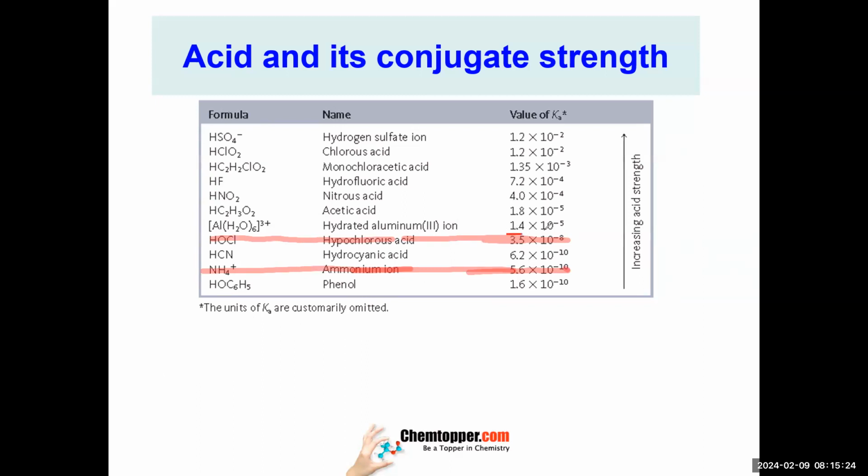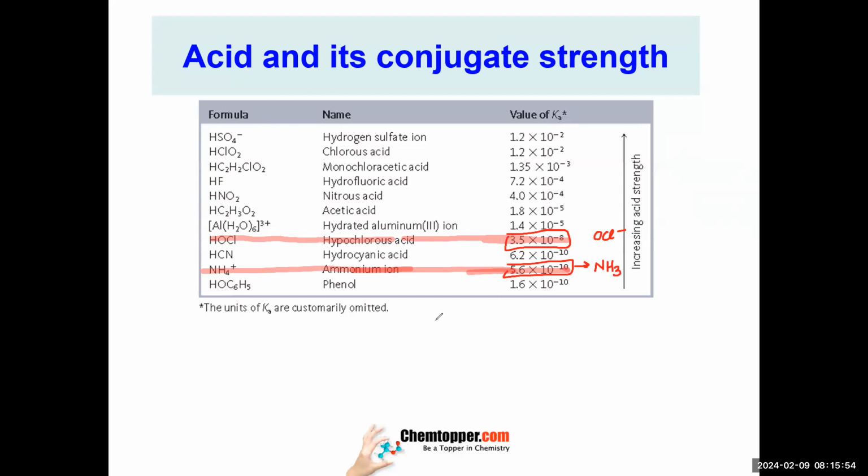Look at their Ka values. Which one is going to give me stronger conjugate base? Yes. And what is the conjugate base of ammonium? NH3. NH3 is stronger base than OCl minus. So you're comparing the Ka values, and from there you are working on the conjugate bases, right?